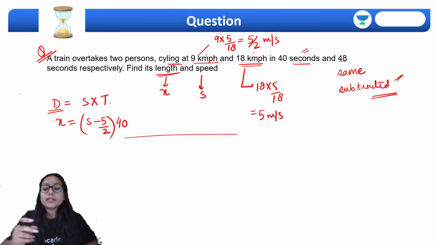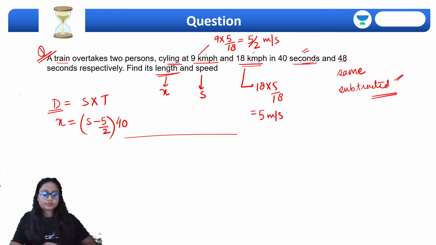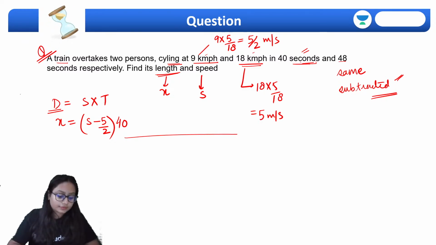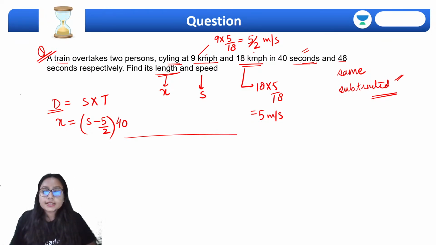So please tell me what will be the distance for the second one. Distance traveled by the train while overtaking the second cyclist. Yes. Please answer, what is the distance?